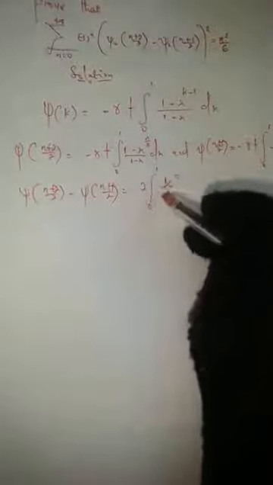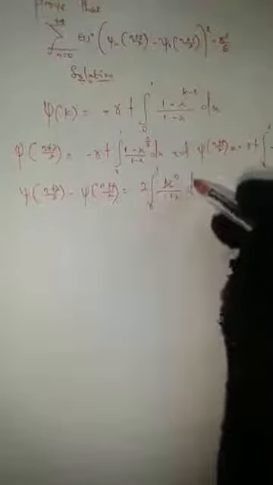Okay, now with a proper simplification here, when we subtract them, the digamma of (n plus 2) over 2 minus the digamma of (n plus 1) over 2 is going to give us 2 times the integral from 0 to 1 of x raised to n over (1 plus x) dx.